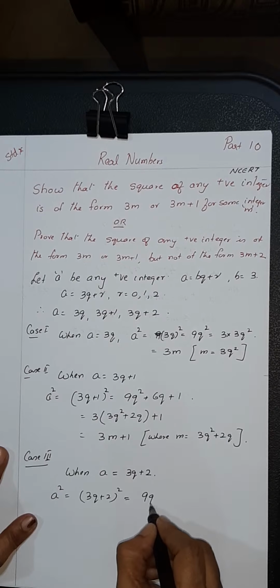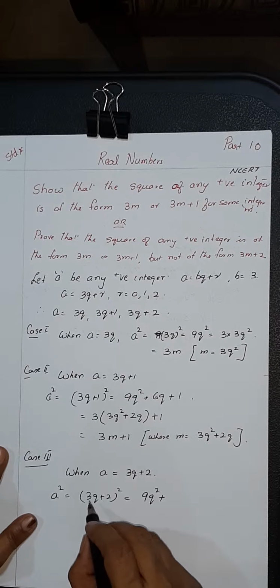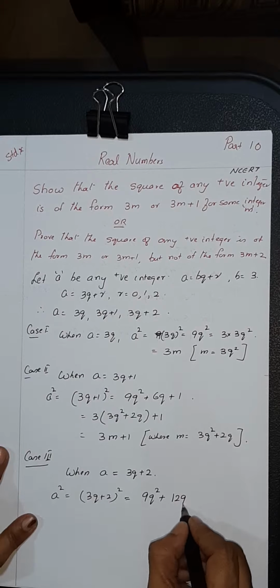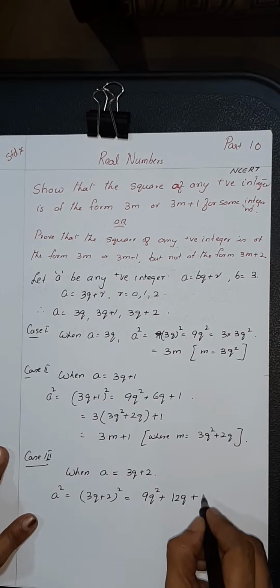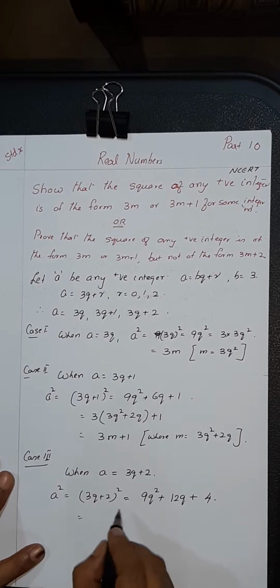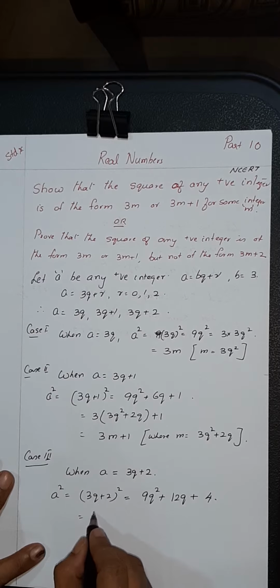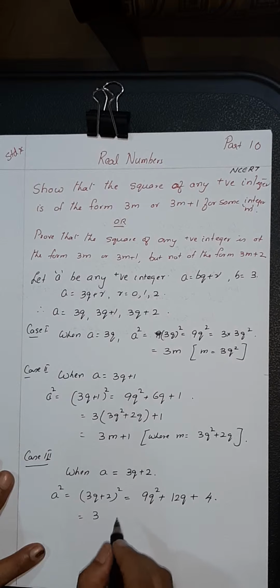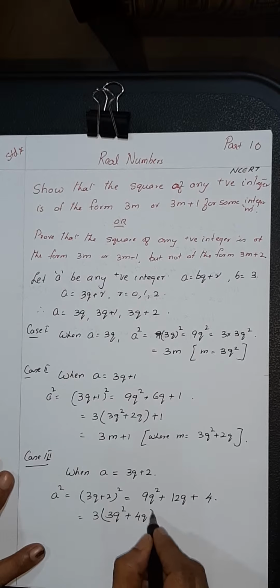So 9q squared plus 2 into 2, 4, into 3, 12q, plus 2 into 2, 4.